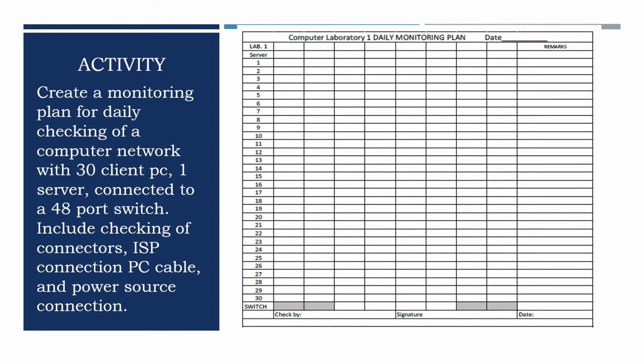The direction here is create a monitoring plan for daily checking of the computer network with 30 client PCs, one server connected to a 48 port switch, including checking of connectors, ISP connection, PC cable, and power source connection.